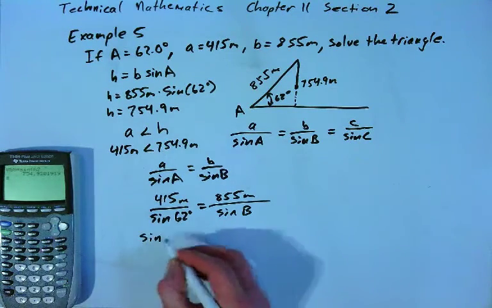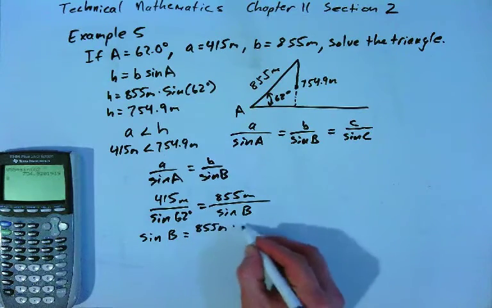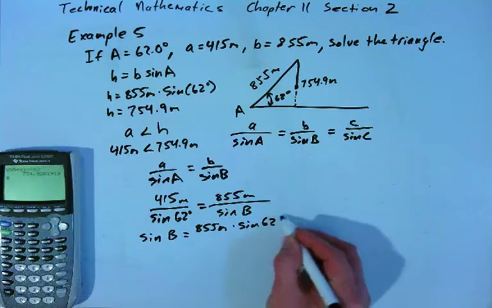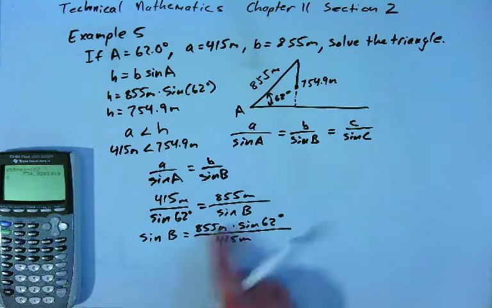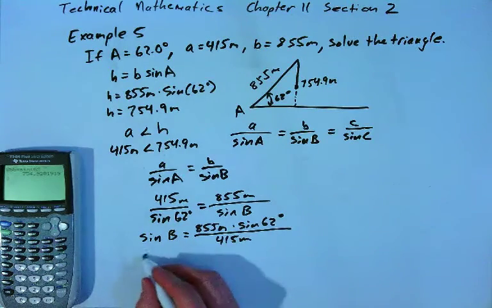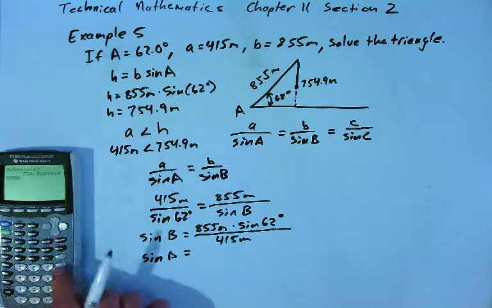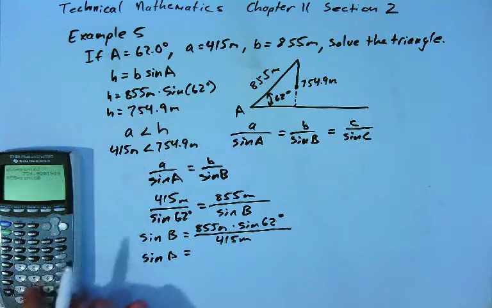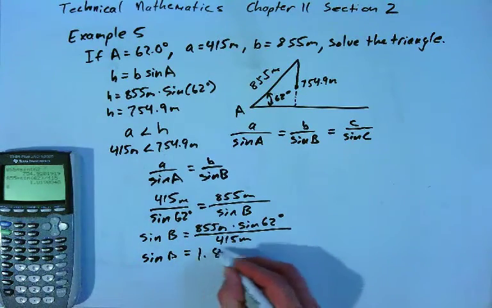When we do that, we will get sine B is equal to 855 meters times the sine of 62 degrees divided by 415 meters. Let's work this out first, and then we'll take the inverse sine. Sine B will be equal to, we have 855 times the sine of 62, close parentheses, divided by 415, and we get 1.819.